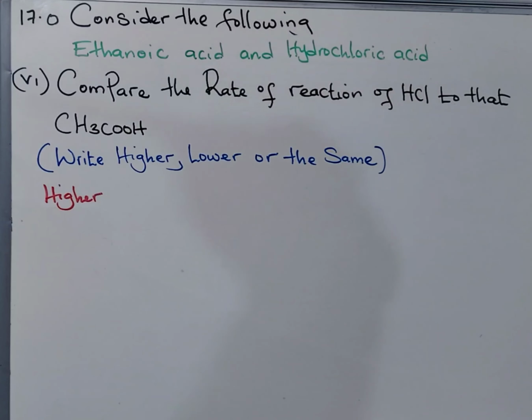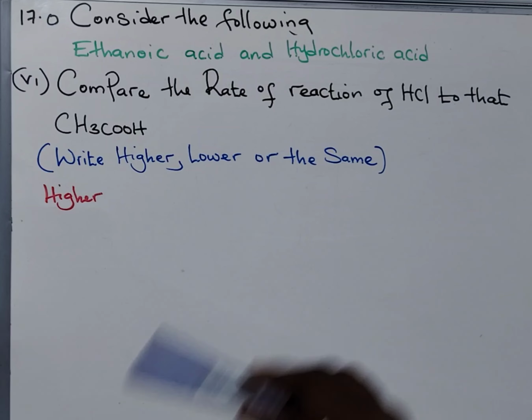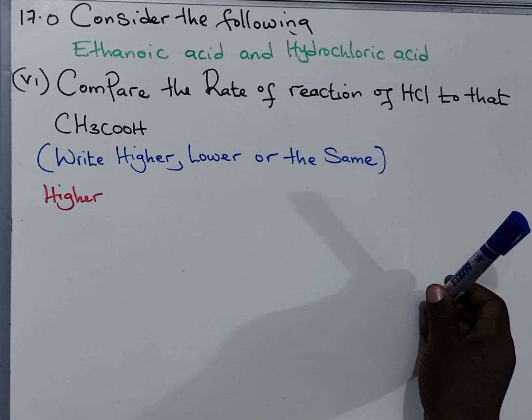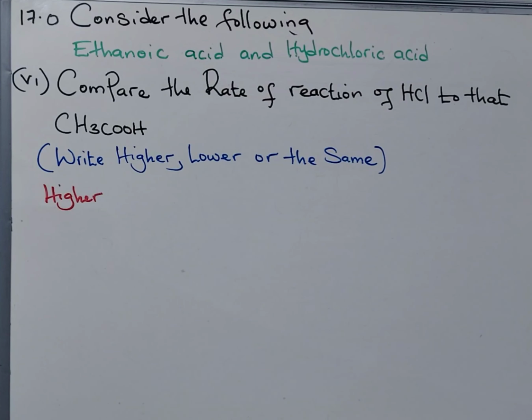The reason is that HCl is a strong acid which is completely ionized, releasing a large amount of ions, creating a large concentration of ions. And you have to know that rate of reaction is proportional to concentration. The higher the concentration, the higher is the rate of reaction.